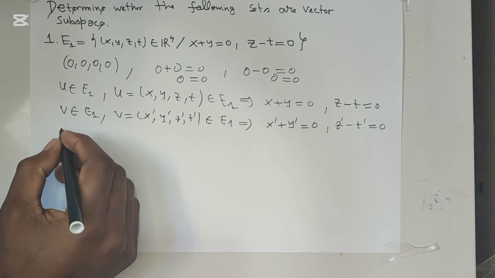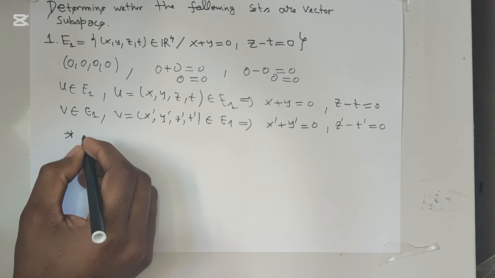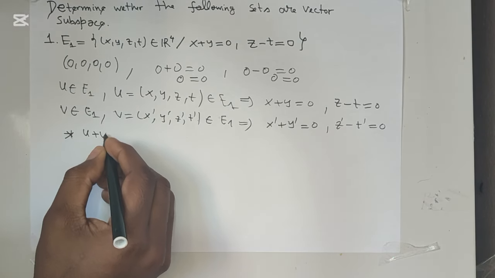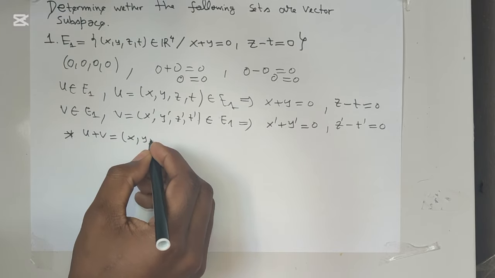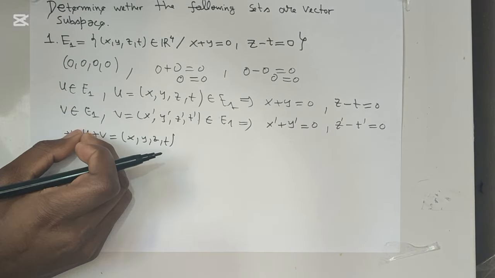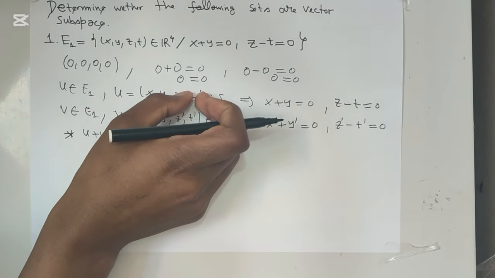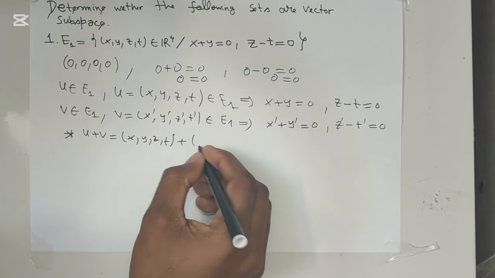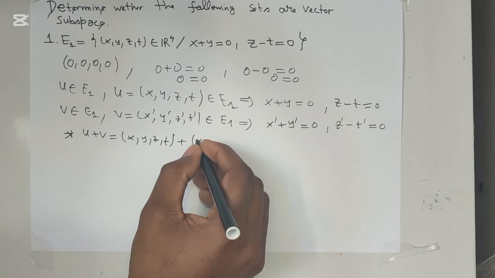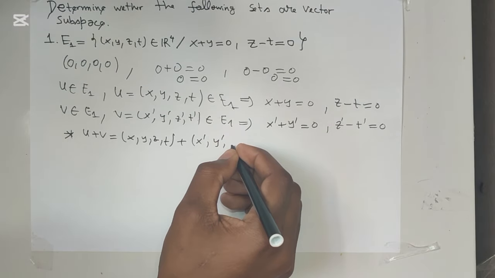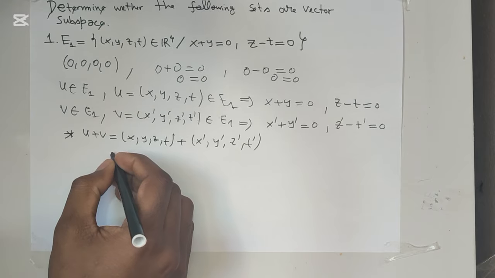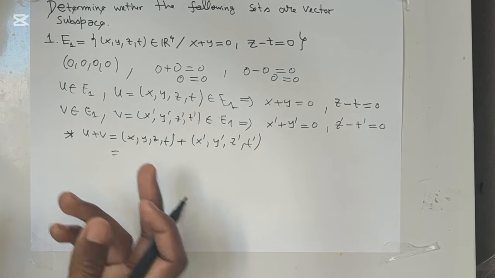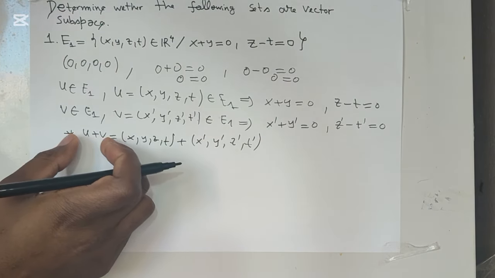Let's see. If I have u plus v, what is u plus v? It's x, y, z, t, because u is x, y, z, t, plus v, which is x prime, y prime, z prime, and t prime. If I add those two, it's the sum of two vectors.